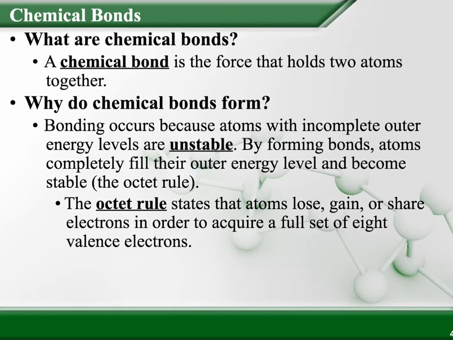So what we're going to do is form bonds with other atoms so that we have a full outer energy level. And remember, the octet rule says that atoms are going to lose, gain, or share electrons in order to achieve that octet, with the exception of hydrogen, because hydrogen only has one energy level, so hydrogen is full when it has two electrons in its outermost energy level.